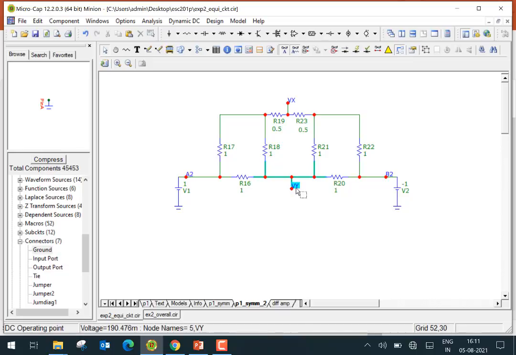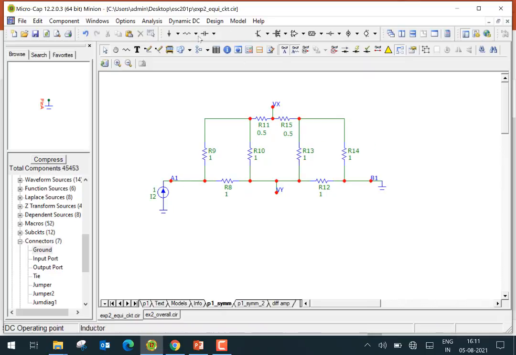Similarly, Vy also lies on the symmetry plane, so Vy will also be equal to 0. So the two nodes have the same voltage, and because they have the same voltage, we can short them. We can go back to the previous circuit here. For example, if we run dynamic DC, let's look at the voltage here.